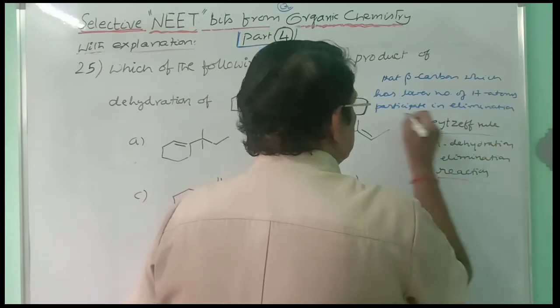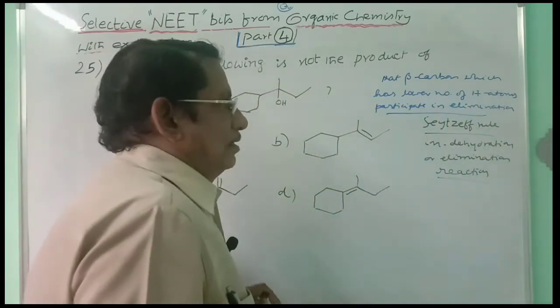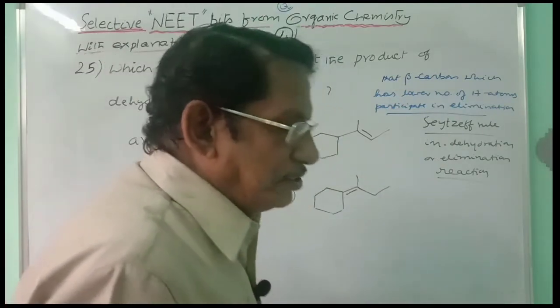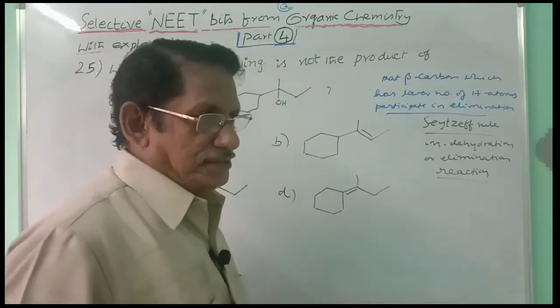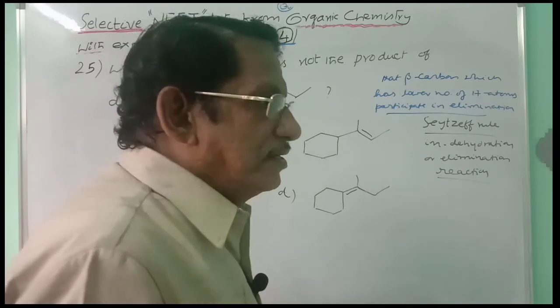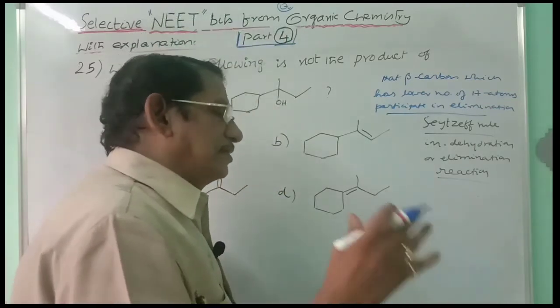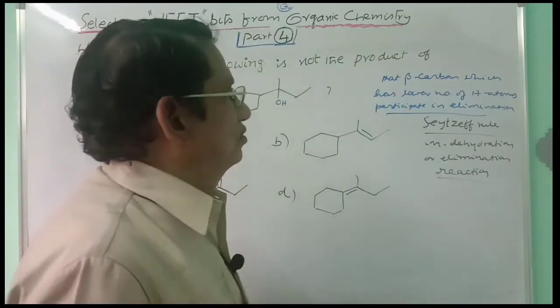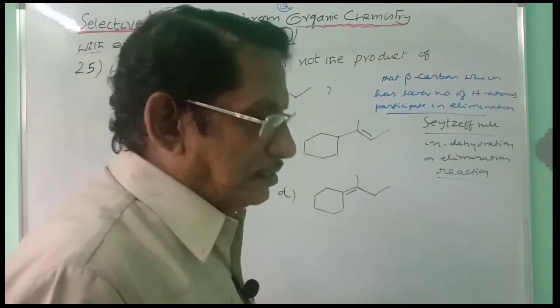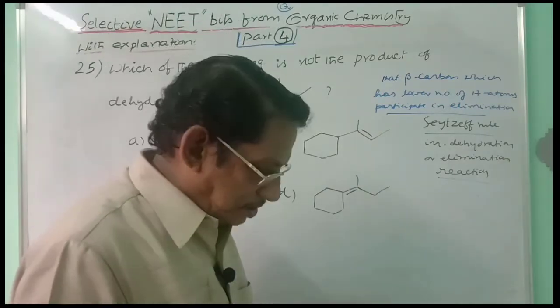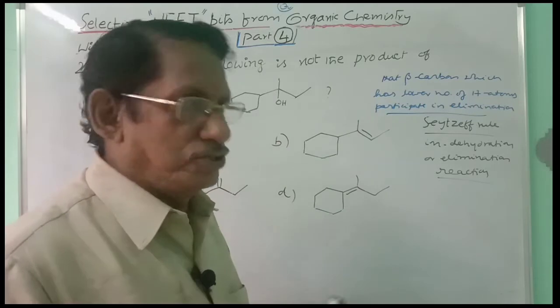This is Saytzeff's rule. In order to have the dehydration product, generally it should have at least one beta hydrogen. If there is no beta hydrogen, some changes may take place, that is a different matter. First of all, you have to follow that it should have a beta carbon, and that carbon should have at least one beta hydrogen, then dehydration is possible.